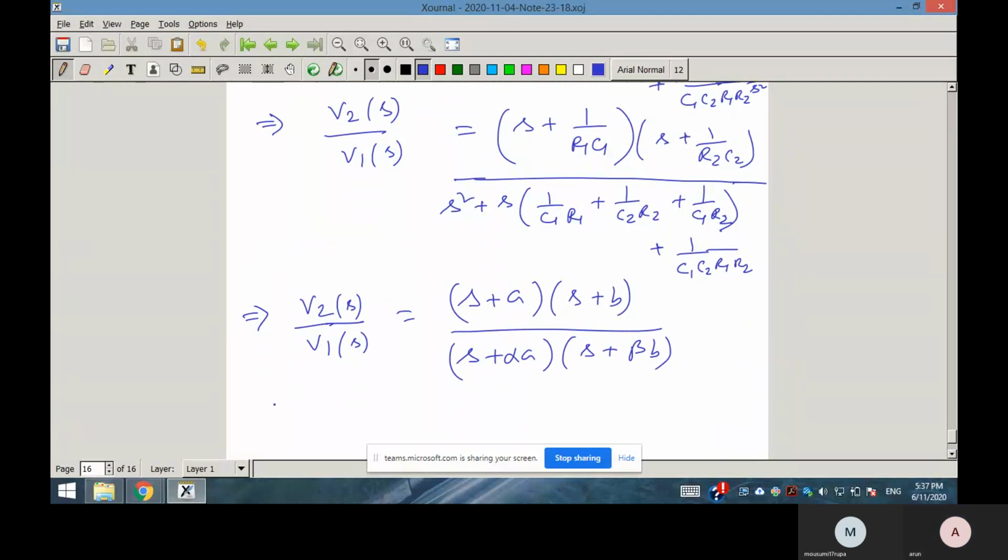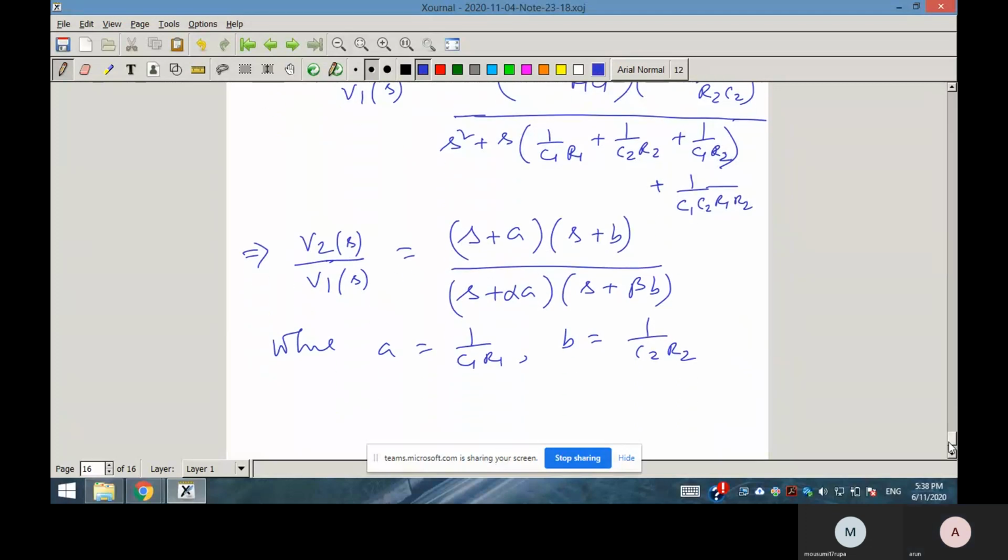Then where a is what? a is 1 by C1 R1. What is your b? b is 1 by C2 R2. What is your alpha beta?